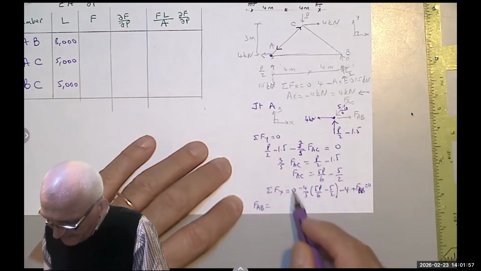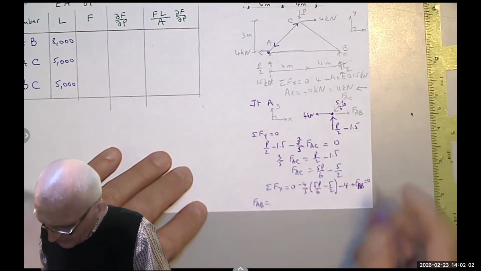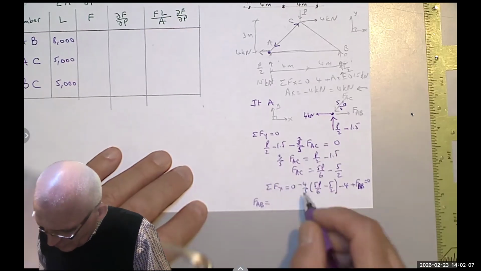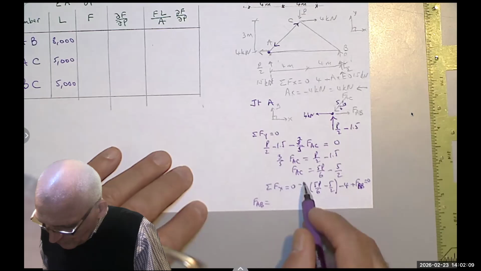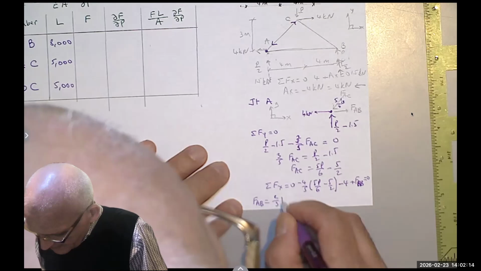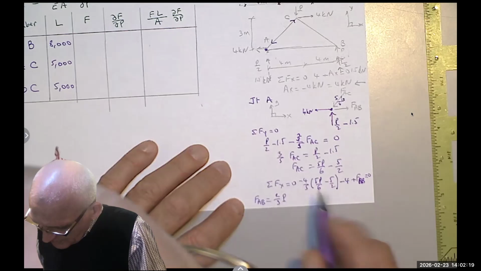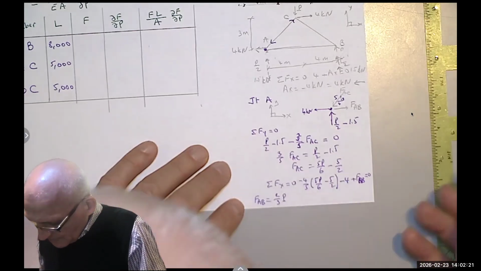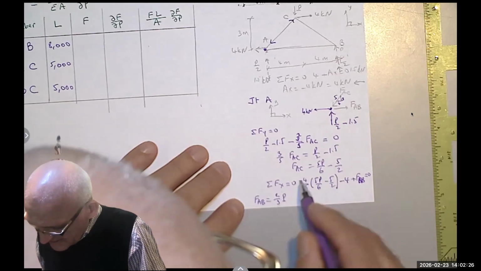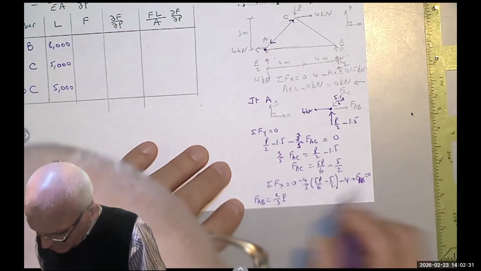So FAB equals, when you keep it and move everything else, the 4 would be a positive sign, right? Because you're going to move it to the other side. So you would say FAB equals 4 plus 4/5 times that. The 5 and the 5 cancel. 4 over 6 is 2/3, so you get 2/3 P. And then notice we are going to move it to the other side, so that would be 4/5 times negative 5/2, which is negative 2, plus 4 is 2.